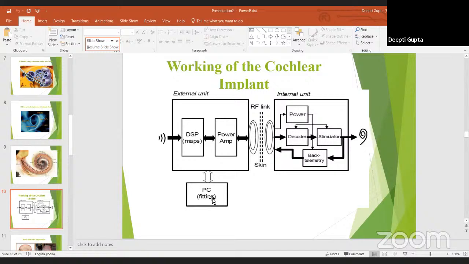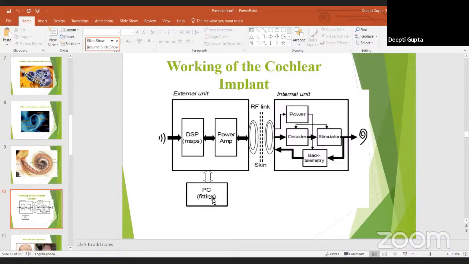Like I can say that we are dividing the complete frequency range from 20 to 20k hertz into a maximum of 12 parts, because we can have maximum 12 electrodes only. On that basis, how many electrodes are inserted in a particular patient depends on person to person.